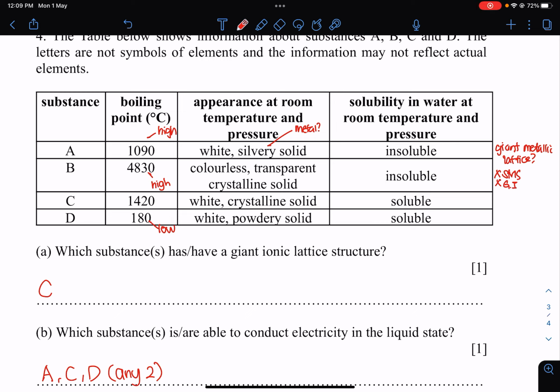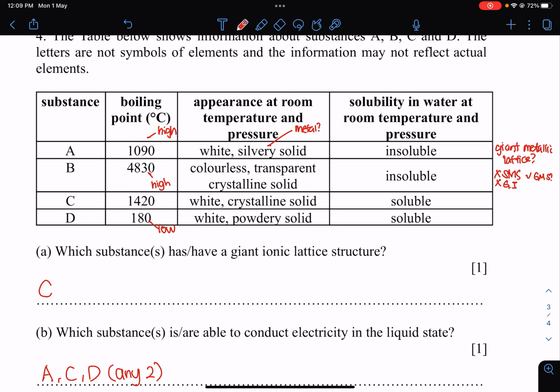Macromolecule is definitely not, because macromolecules do not have such high boiling and melting points. So it's most likely your GMS. I'll put a question mark first because we actually do not know for sure.